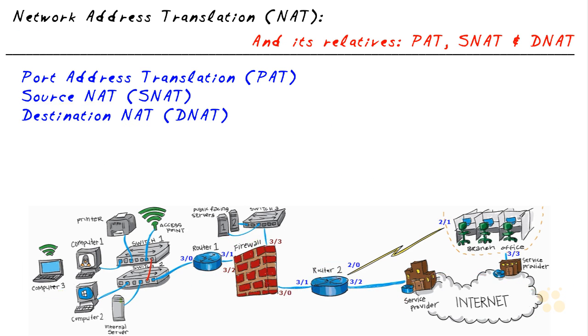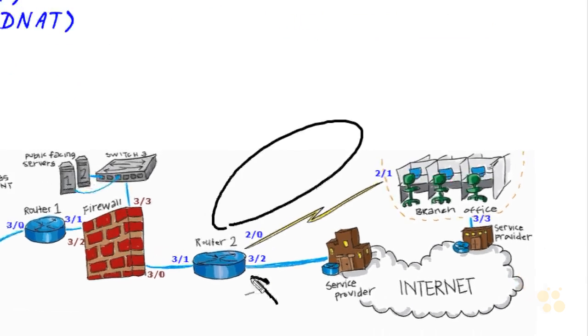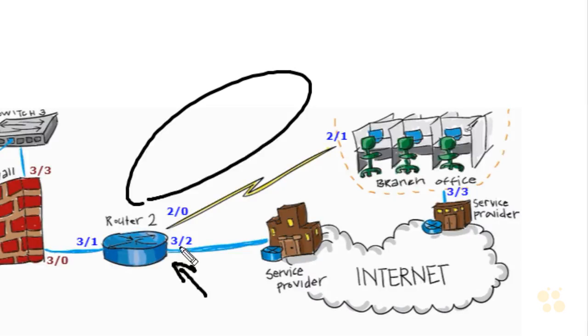Now, one of the big challenges with doing network address translation is that usually, especially for small companies, they don't have a pool of globally routable IP addresses that they can use to perform network address translation on. In fact, for many small companies, they may only have a single IP address that's on this router interface right here that allows that router to connect to the internet.